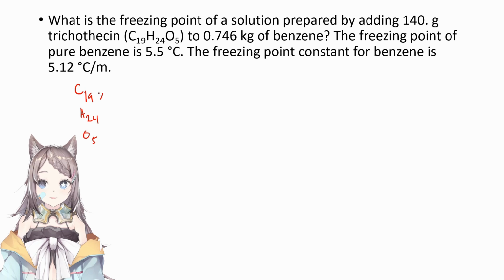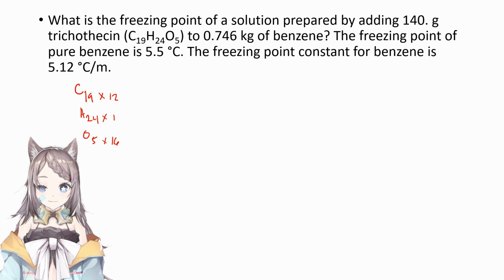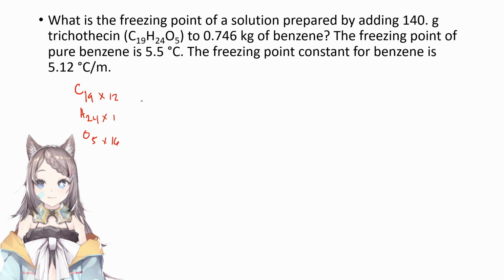C19H24O5. Since we know the molecular weights of these atoms, carbon is 12, hydrogen is 1, oxygen is 16. So 19 times 12 is 228.